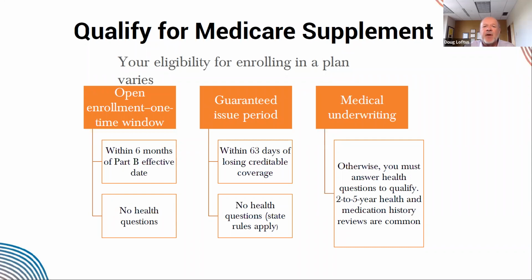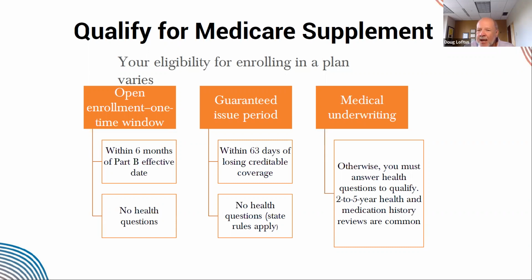This also touches on the guaranteed issue period. If you are covered under an employer provided plan and you lose that coverage, there is another window that allows you to enroll in a Medicare supplement without underwriting.